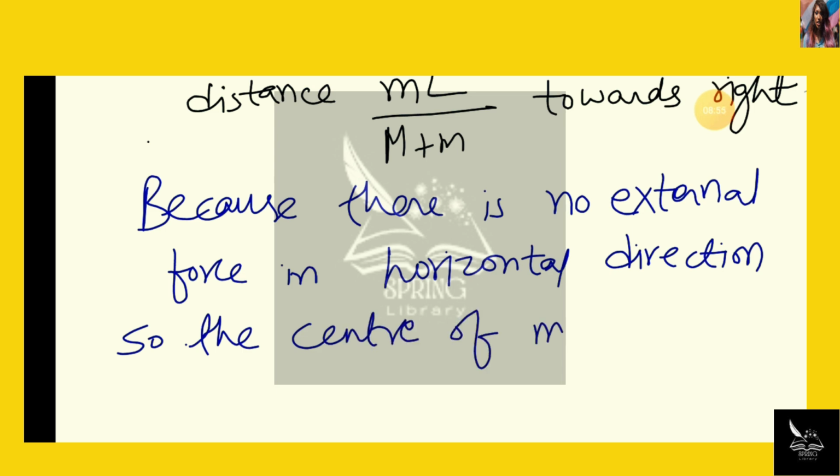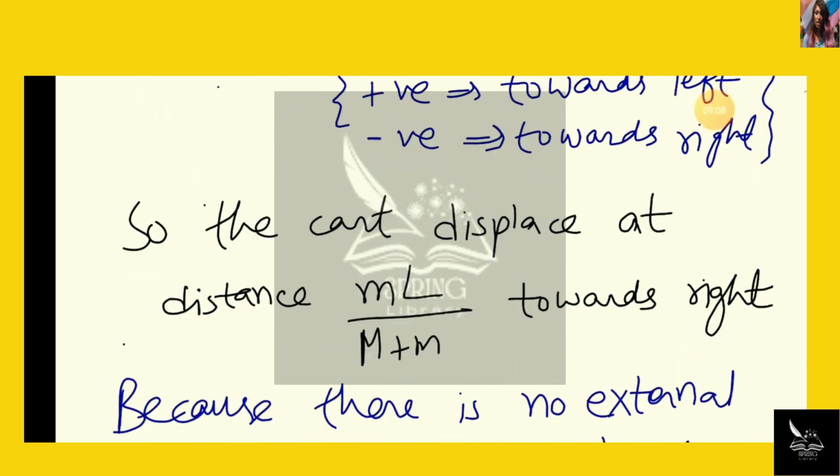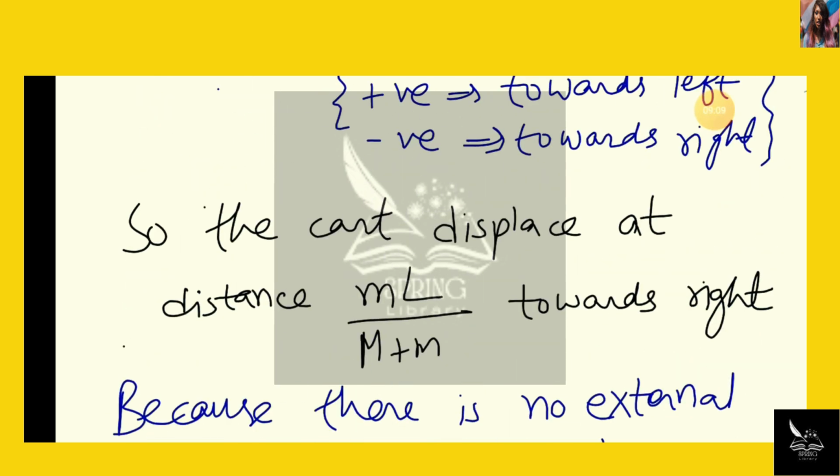That is the reason the cart is displaced by the distance mL divided by M plus m towards the right.